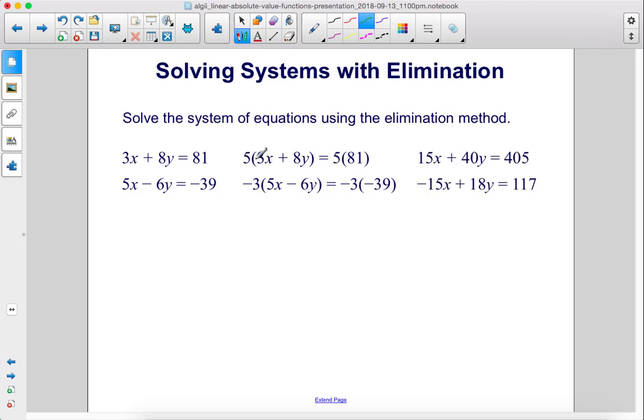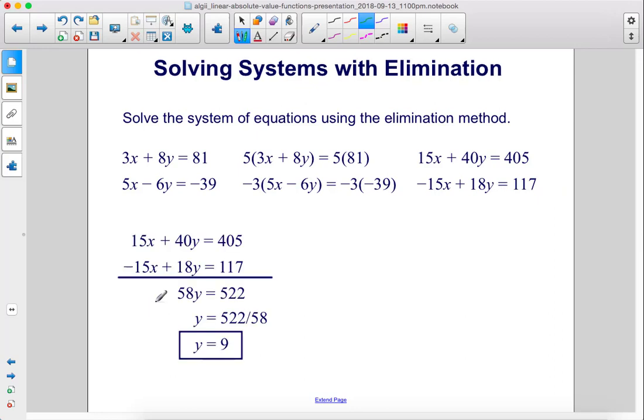Once we've multiplied the first equation by 5, we get 15x plus 40y equals 405. And once we multiply the entire bottom equation by negative 3, we get negative 15x plus 18y equals 117. Then we just need to add them together. So we'll add this equation to this equation. These cancel out.